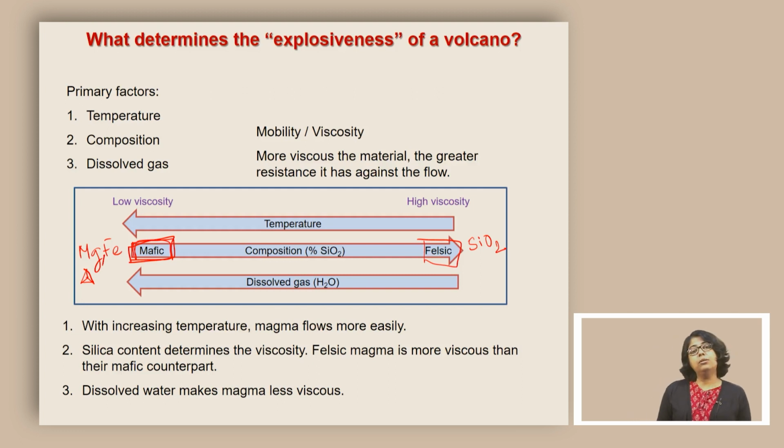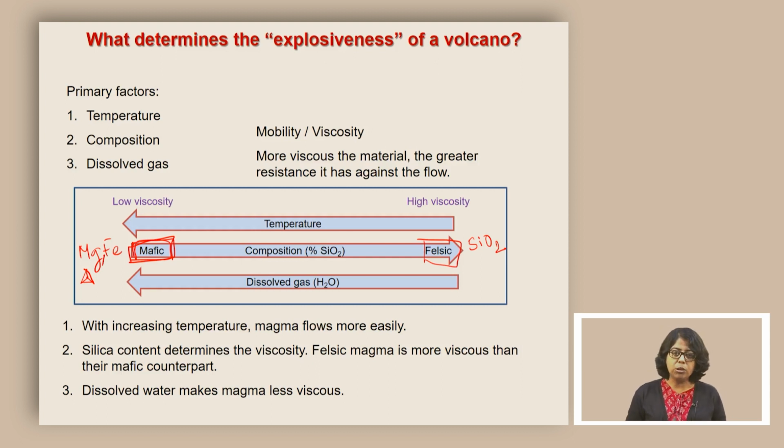The third one is the dissolved gas. Now, the reason behind the dissolved gas, primarily water vapor, and its contribution to viscosity is a bit more complex, and therefore, we will not go into the detail, but roughly what it does is it stops the long chain formation of the silica tetrahedra.